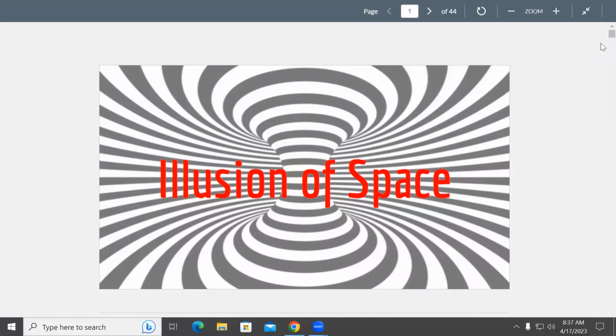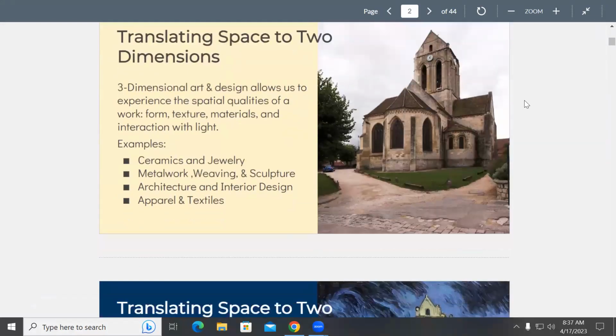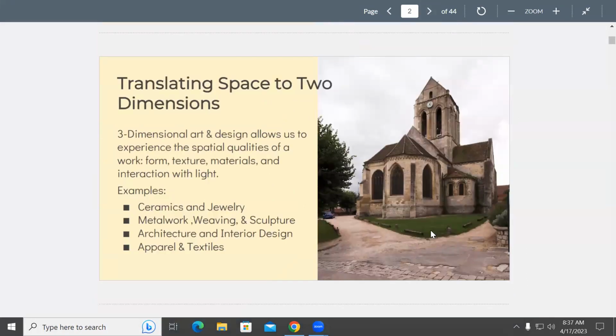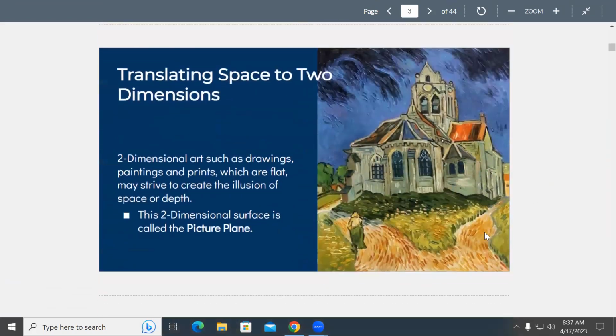So the simplest way of creating a 3D effect, this is just an image of a space, and this is a drawing done by the artist Pablo Picasso. See how he tries to get that 3D object onto the paper. In 3D objects, you see light and shade creating that effect.